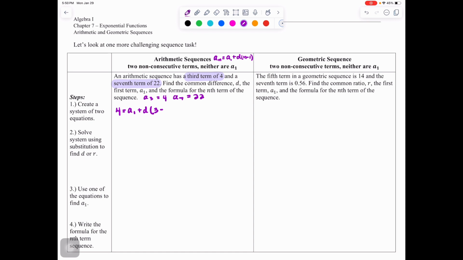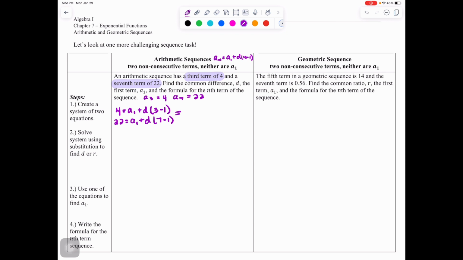So 3 minus 1. Then I'm going to create a second equation with the other term they gave us. So the seventh term is 22. So 22 is equal to the first term, which we don't know, plus the common difference, which we don't know. But here, I'm not going to do n minus 1. I'm going to do 7 minus 1 because it was the seventh term.